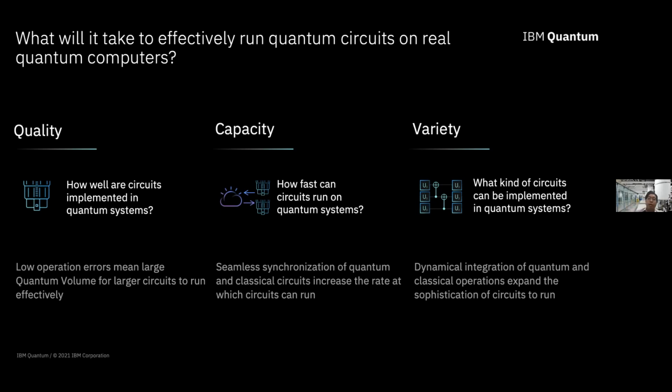And so another really key measure, especially in the model of computation that we're driving towards, is capacity, or you can almost think of it as circuits per second, right? So how fast can circuits actually run on quantum systems so that the classical information comes out and you're able to do post-processing to then drive your quantum system to someplace else, right?